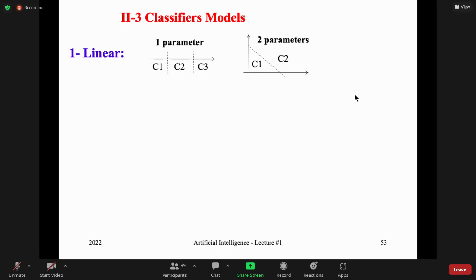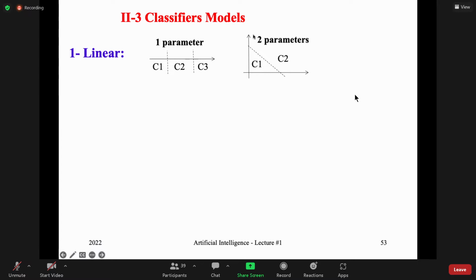Now we have a second example, the same example that I used for how to classify. Here we have only two categories, for example, rectangular or triangle. It's not in the same direction, but the idea is the same.